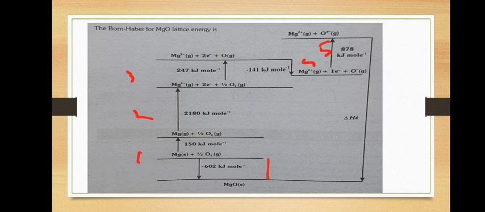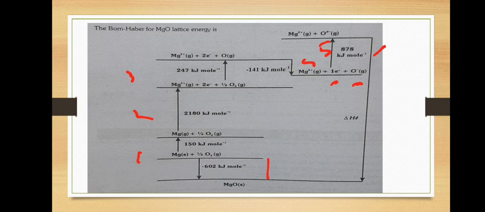Now when an electron is gained by O minus 1, then the incoming electron feels repulsion. In order to overcome this repulsion, energy is required, and that is why the second electron affinity value is positive, and this process is endothermic.